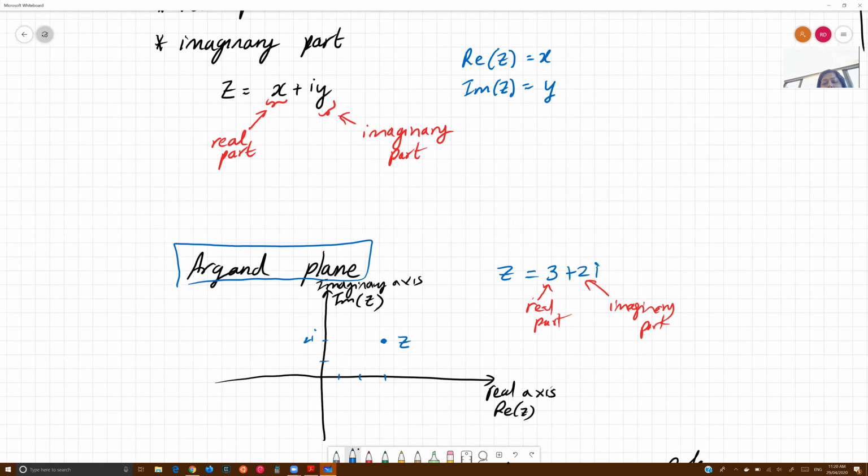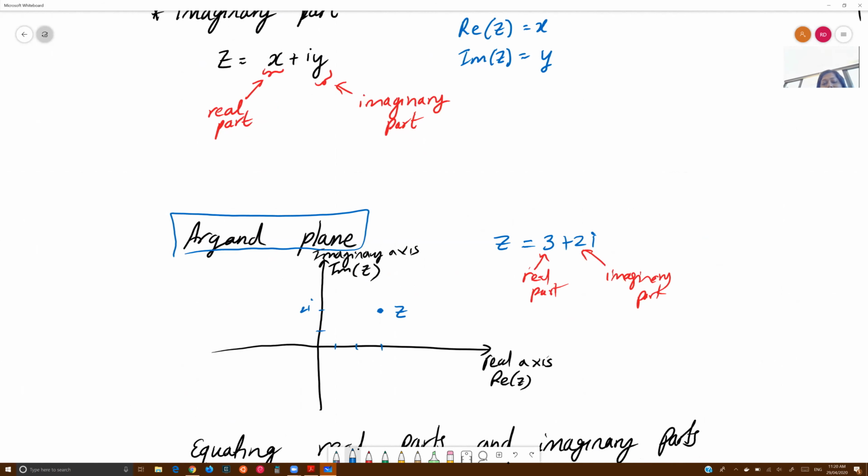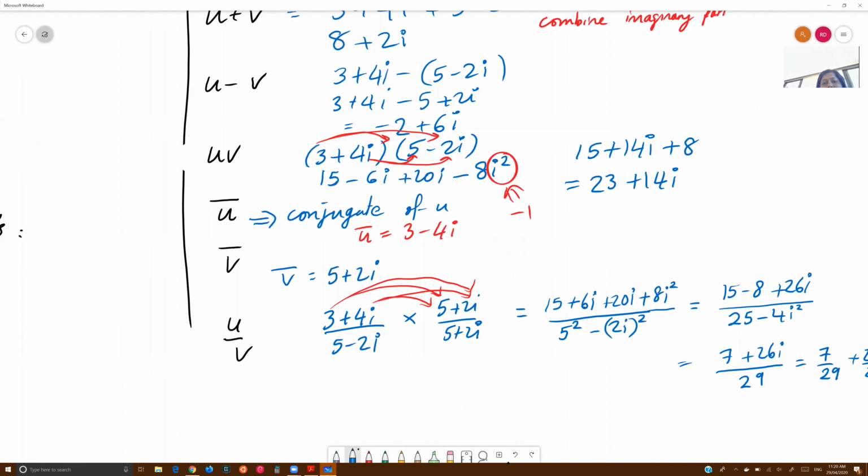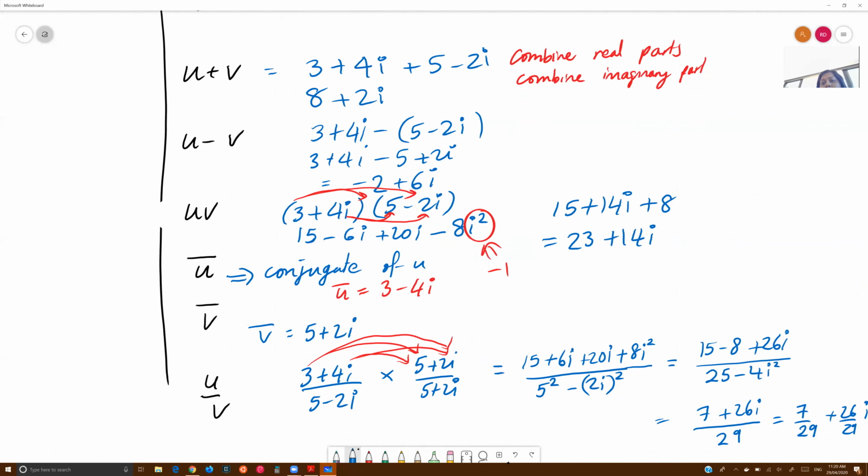When you sketch them on a plane with the imaginary axis and real axis, it's called the Argand plane. And we did the operations. When you're adding or subtracting, you just combine the real parts together and the imaginary parts together. When you multiply out, you multiply it out just like normal, except i squared is equal to negative 1.